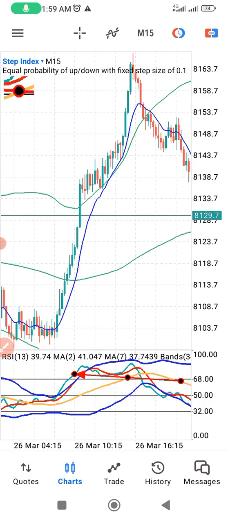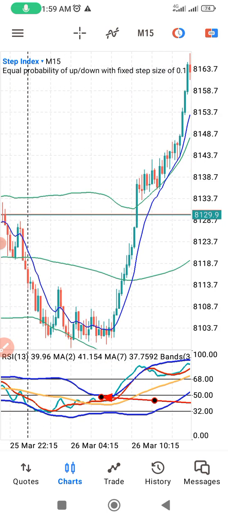Then the blue line, which you are seeing here, is the Bollinger Band, and it indicates the volatility of the market. If we want to determine how volatile the market is, it is shown by the Bollinger Band, which is the blue line.